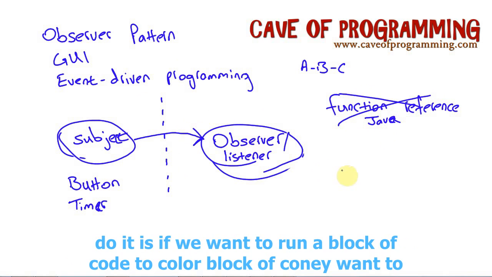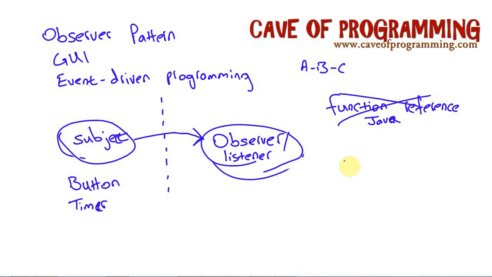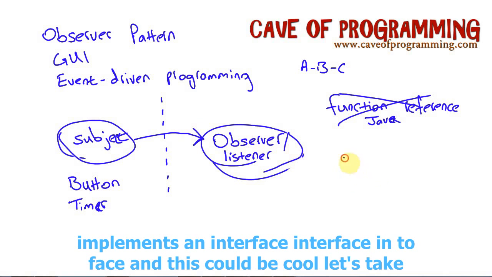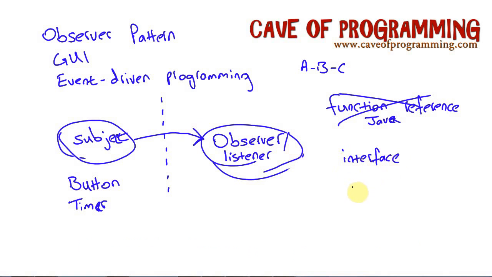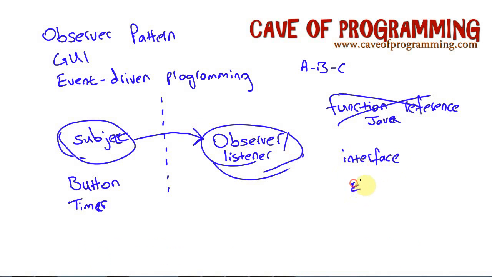a particular block of code, and we want to pass that block of code around, what we do is we create an object which implements an interface. So we have some interface, and this could be called, let's take an example, maybe let's call it event listener.